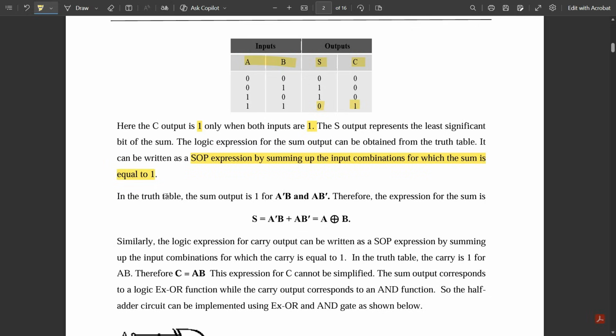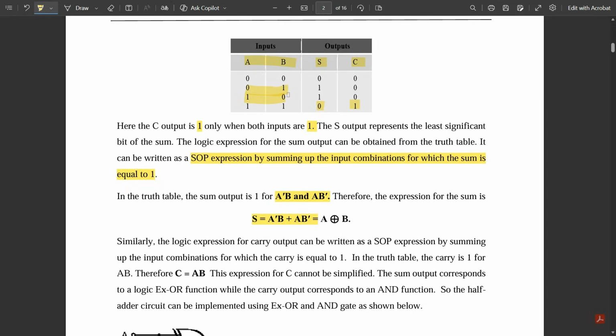In the truth table, the sum output is 1 for A'B and AB'. Therefore, the expression for the sum is S = A'B + AB'. You see here, sum is 1 for these two combinations, 0 1 and 1 0. As I have told you, if it is 0, you should take the complement of the variable.